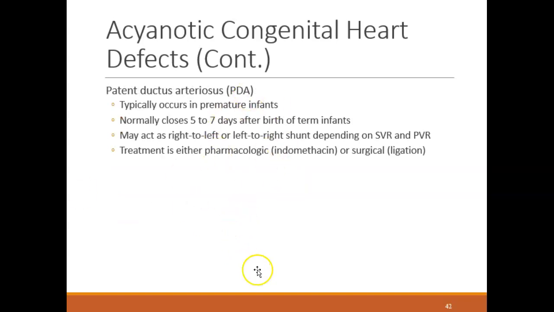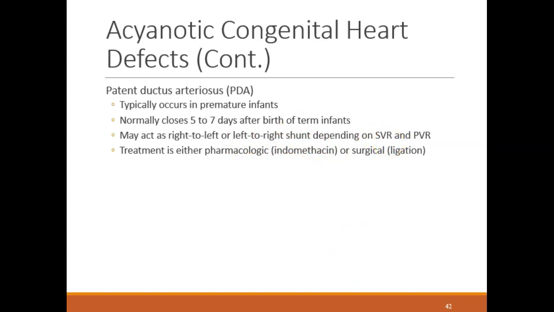So we've talked about patent ductus arteriosus before. This typically occurs in those premature babies. Every baby has it open when they're born, but most of the time it's going to close within a couple days of birth. It's going to act like a right to left shunt or a left to right shunt, depending on which pressure is higher.